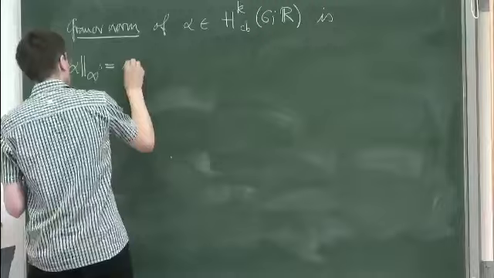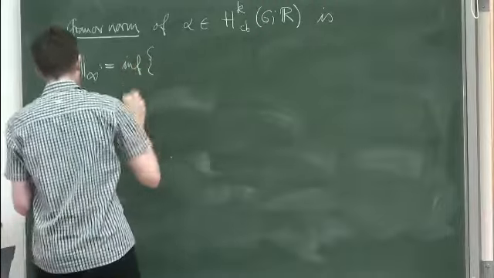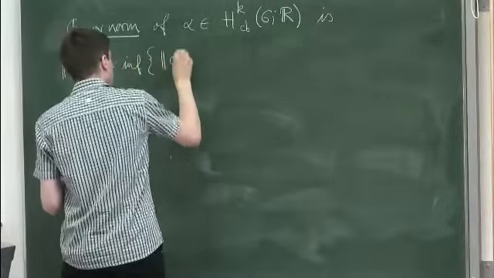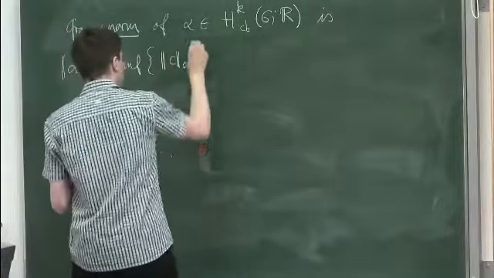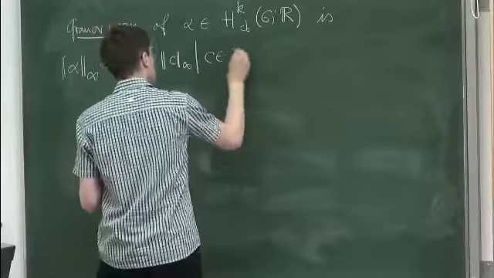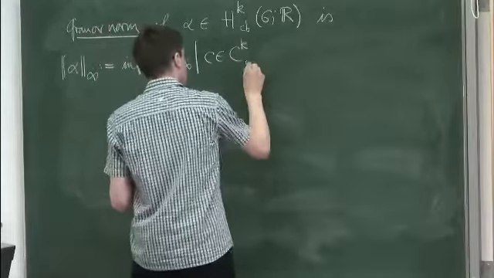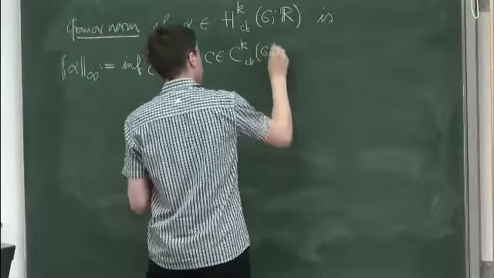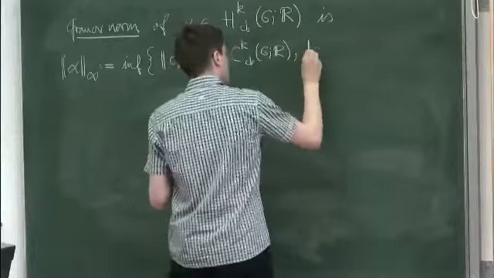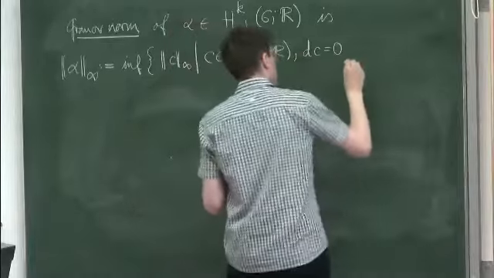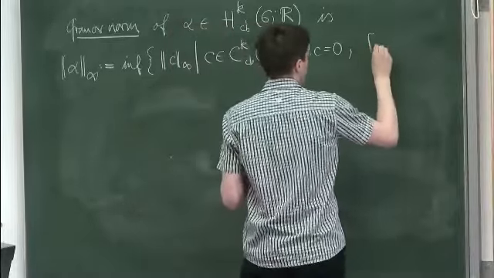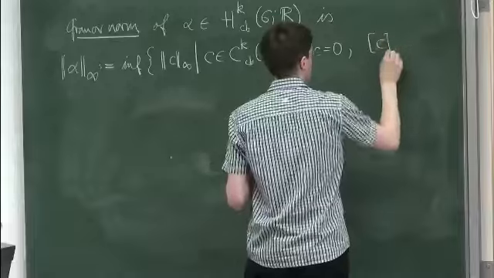It is the infimum over the suprema of all co-cycles in degree k in continuous bounded cohomology that represent the class alpha, right?